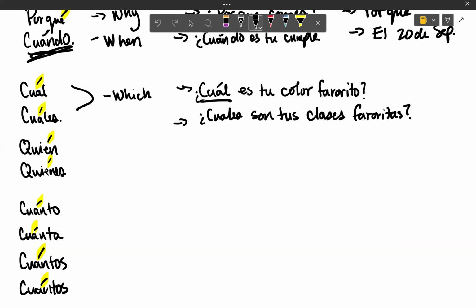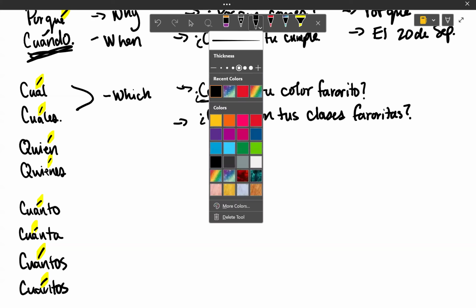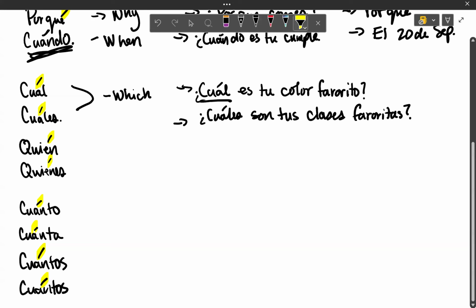So pause the video right now, and see if you can figure out why we're using cuál in one and why we're using cuáles in the other. Okay, so we're using cuáles in this one because what comes after it is plural. We're using cuál here because what comes after it is singular. So it's only two forms, singular and plural.